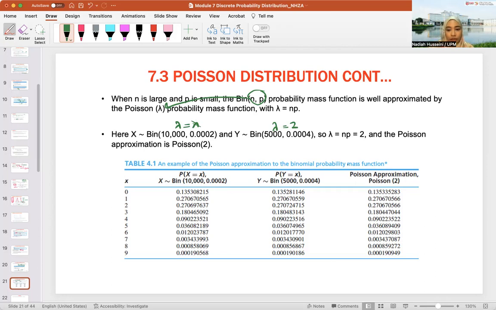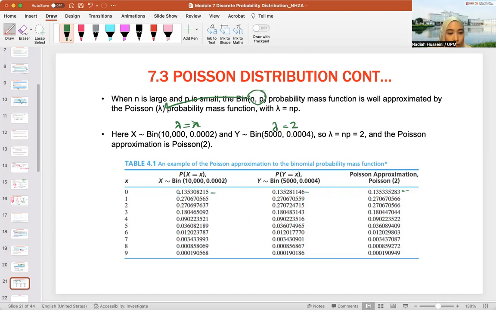Here, they are using Excel, obviously, to calculate this. You will find that this value is the same as the value for this one, and this one. It's not exact, but it is approximately the same. You can see there are slight differences.